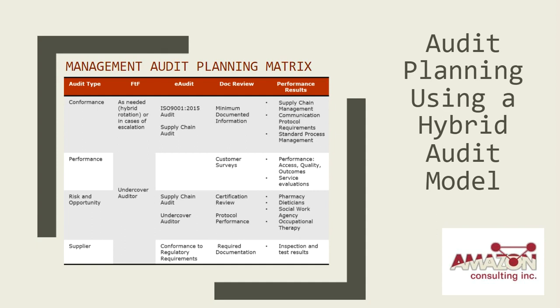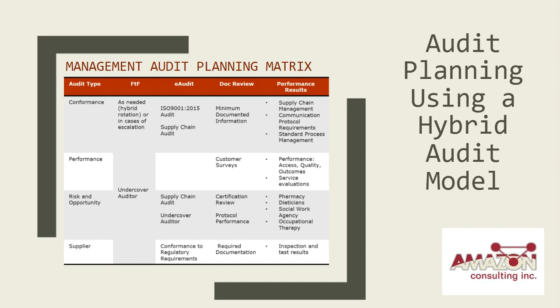Risks and opportunities, we would then do both the undercover auditor on face-to-face, but do supply chain audits, undercover auditors, as I said, and do a document review of the certificates or any protocol performance measures that are listed. And then the supplier audits, here we would have the same kinds of tools.